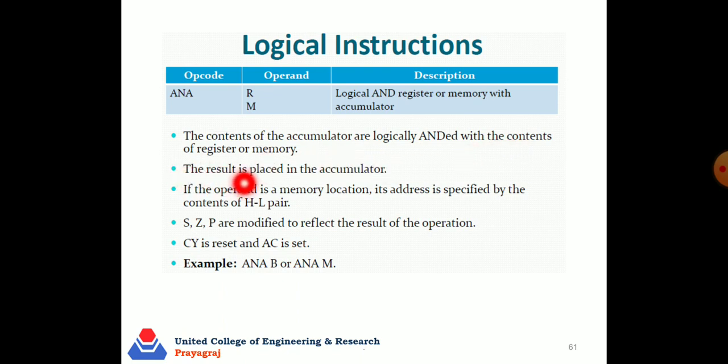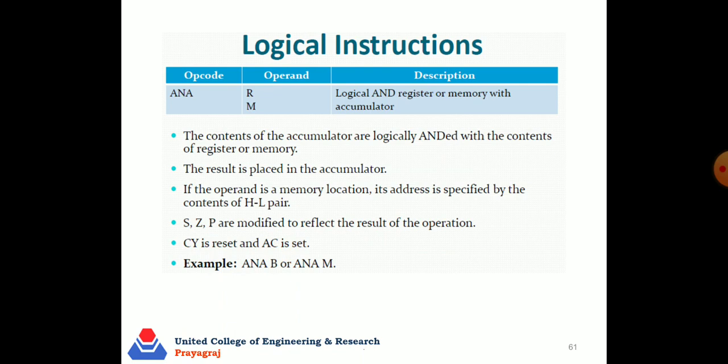The final result is placed in the accumulator. There are only 3 flags: sign flag, zero flag and parity flag are modified to reflect the result of the operation, and the carry is reset and the auxiliary carry is set.